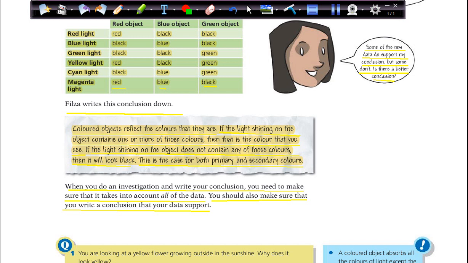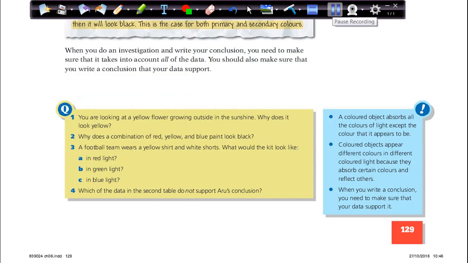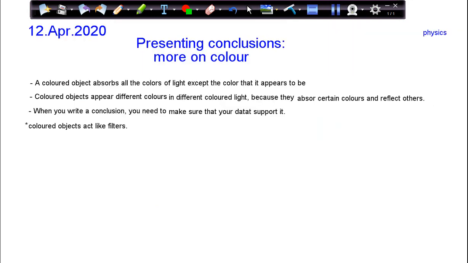If our data is correct, that means the conclusion should be correct. If we got another conclusion, that means the data are not reliable to use. So we need to have more data, more investigations, and repeat the test more than one time.